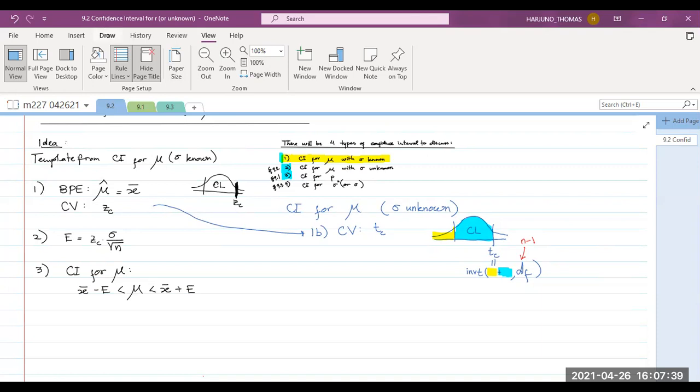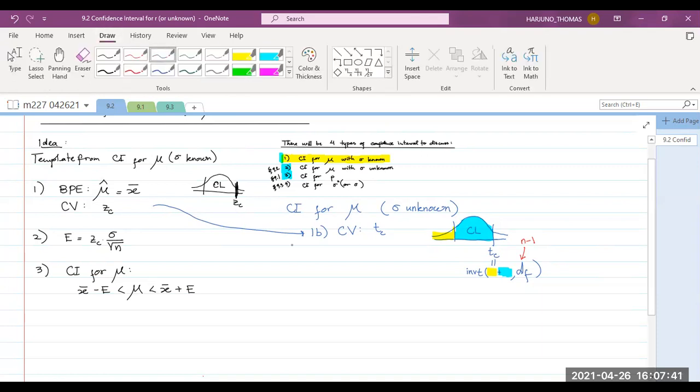Okay, now what other things will change? Then the third step, the margin of error will be, originally we have z-score, now we change that to the t-critical times sample standard deviation.